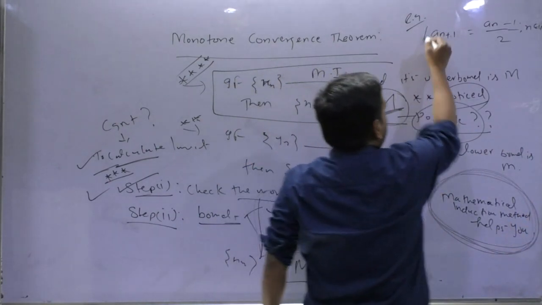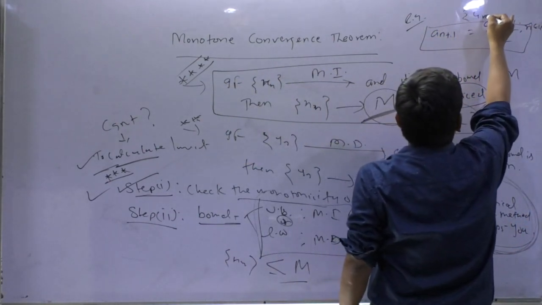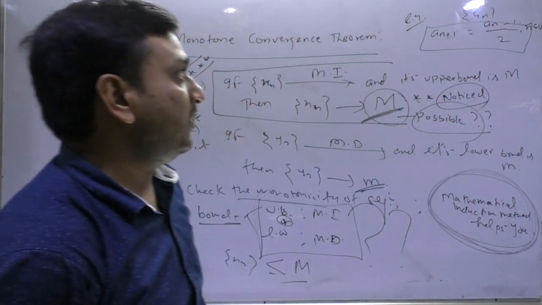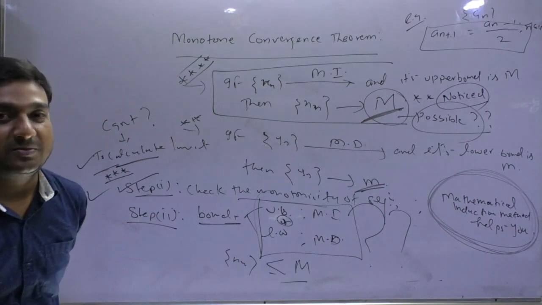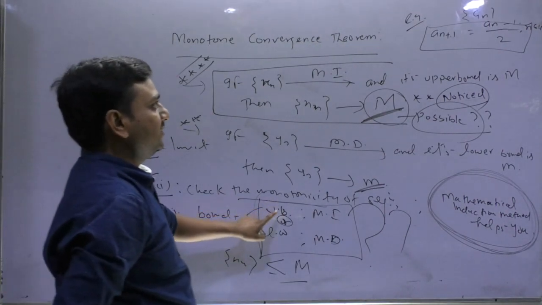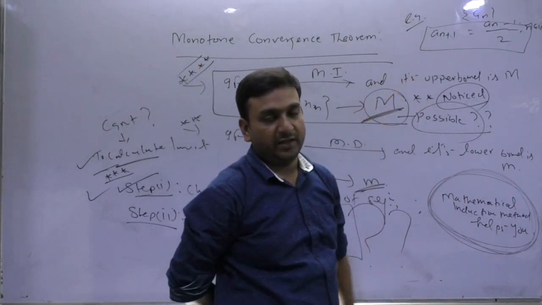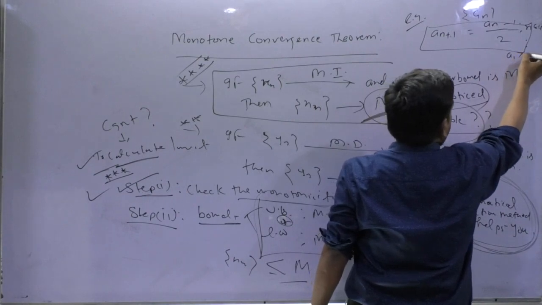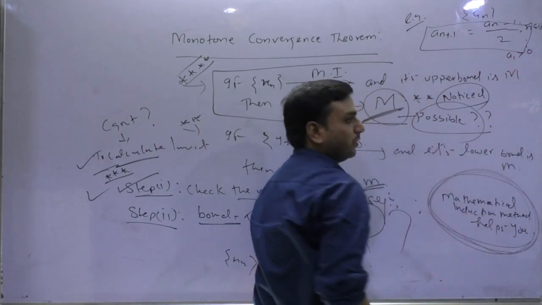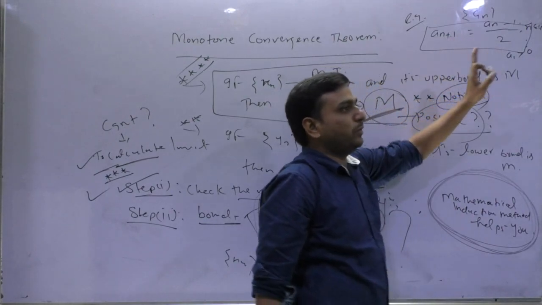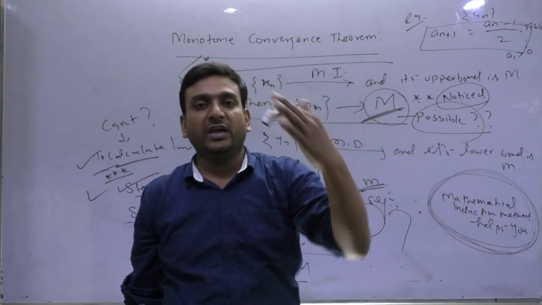So if some sequence an is given like this and I want to check the convergence of this sequence, step 1, check the monotonicity. Suppose it is given that a1 is greater than or equal to 0. So what can I say about a2, what can I say about a3?